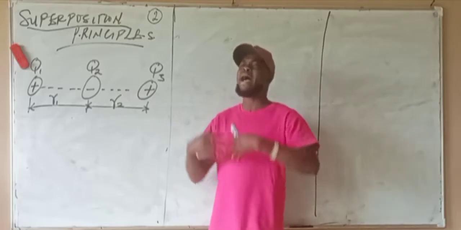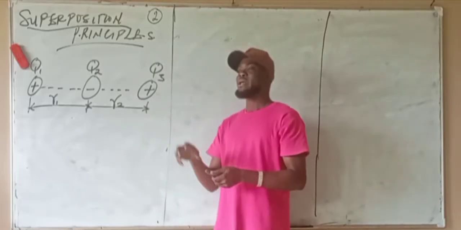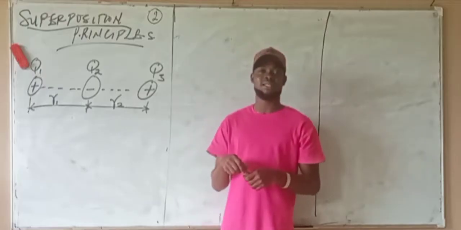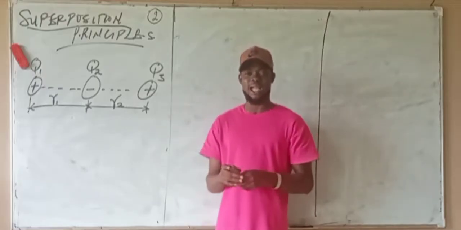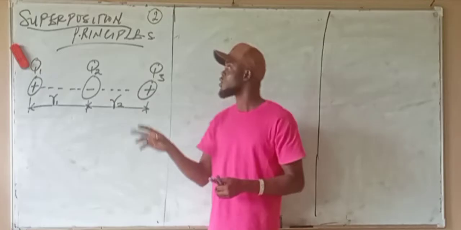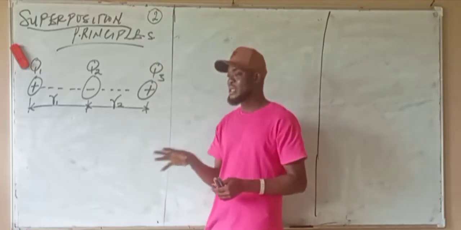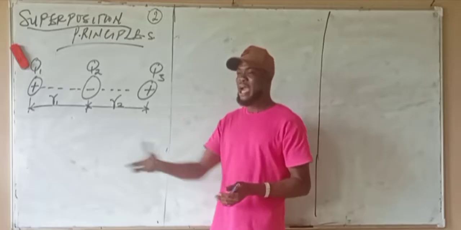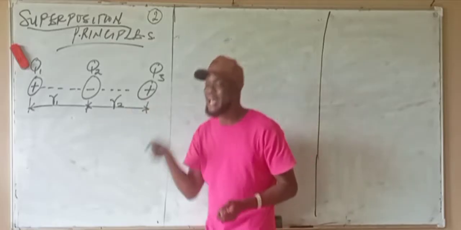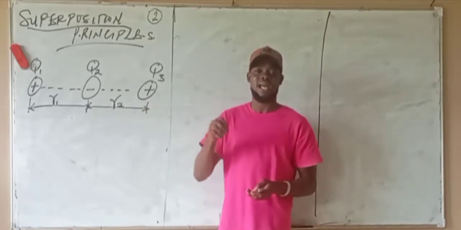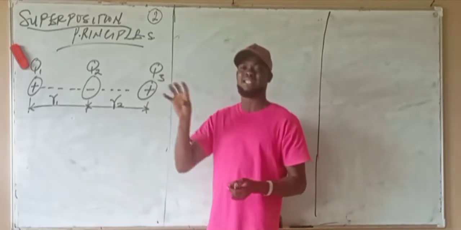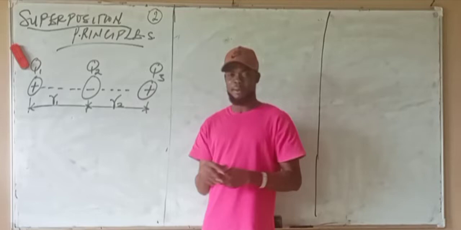The superposition principle helps us analyze forces between charged bodies that are more than two. Coulomb's law analyzes forces between just two charges, then the superposition principle comes from Coulomb's law to analyze forces between more than two charged bodies.